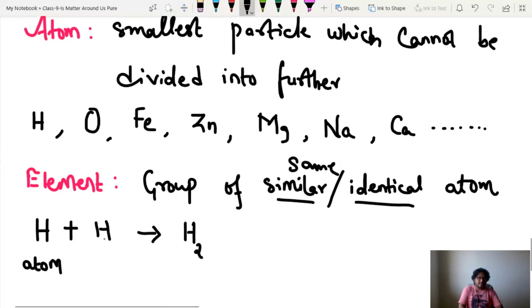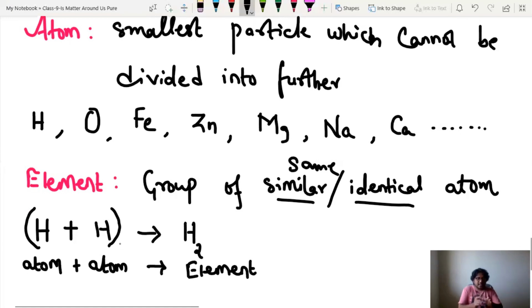This is single H, you can consider it as atom. Atom plus atom gives rise to element. I think so you got now what is meant by element. If you take any group of same elements or identical elements, we'll get elements here. So same atoms you need to consider, we'll get elements.